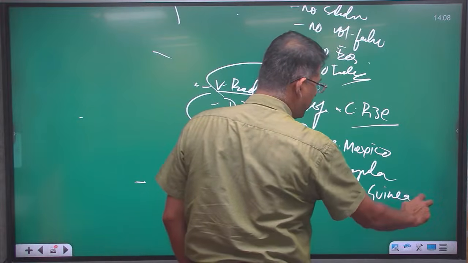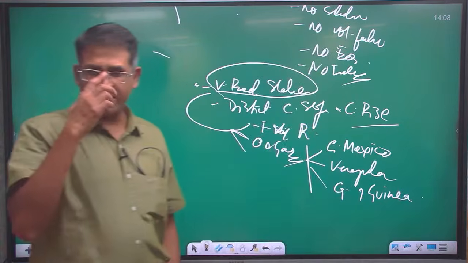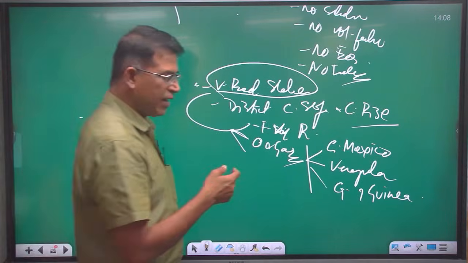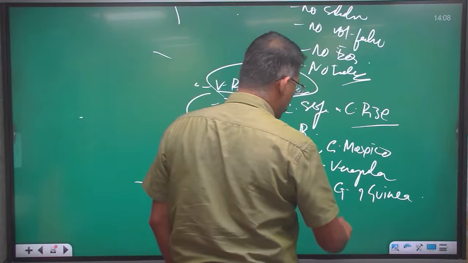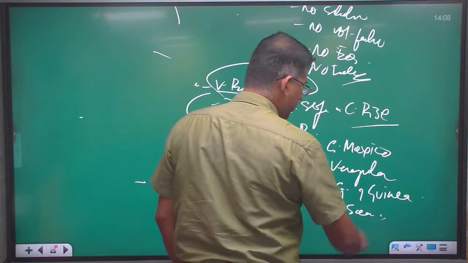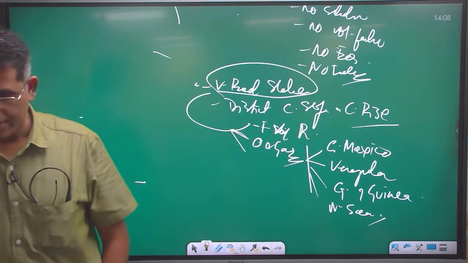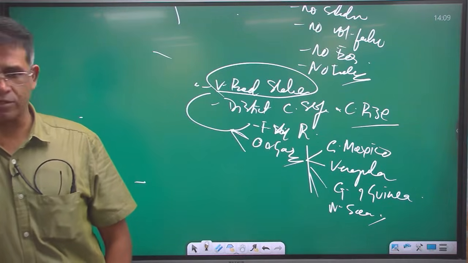Where is the Gulf of Guinea? Anybody knows? This is the African coast along the coast of Nigeria. I've told you about the North Sea and British Petroleum, that region. These are all oil-rich regions.